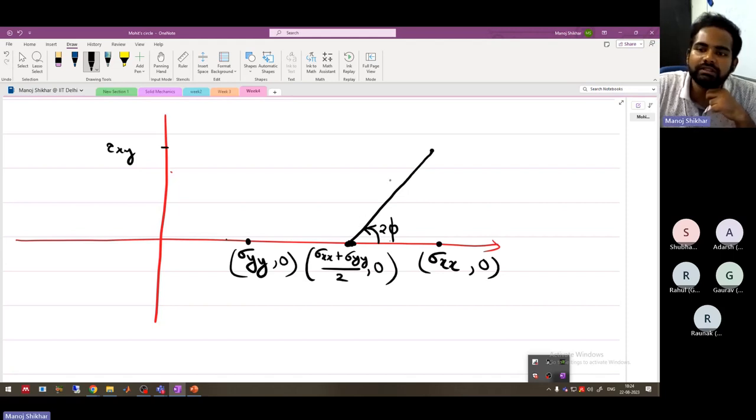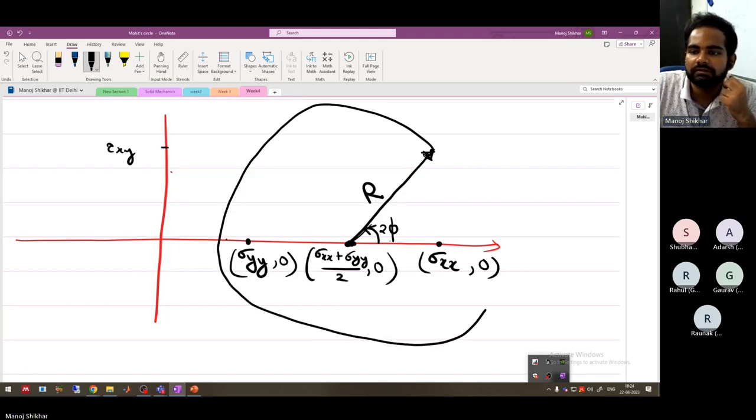Okay, so this is the E1 plane, and this length will give you the radius. So if I take this radius and if I draw a circle considering the center at this point, I will get something like this. Okay.